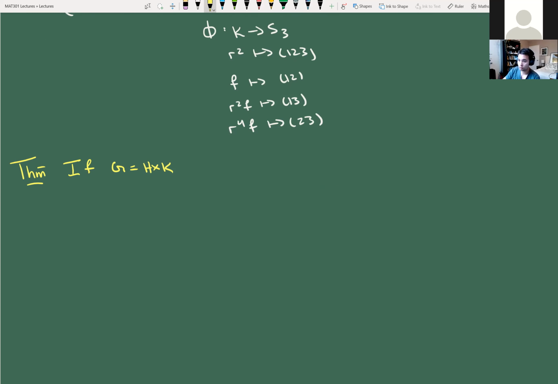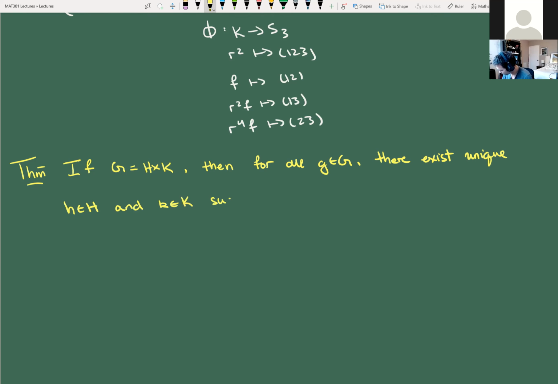If G is isomorphic to H cross K, then for all little g in big G, there exist unique H in H and K in K such that g is equal to HK.